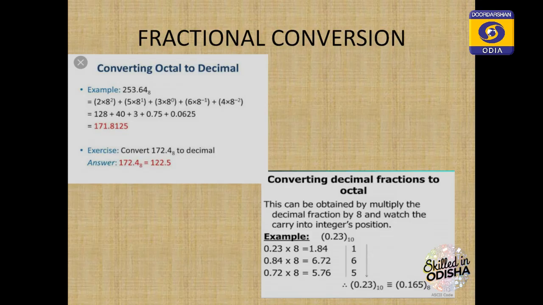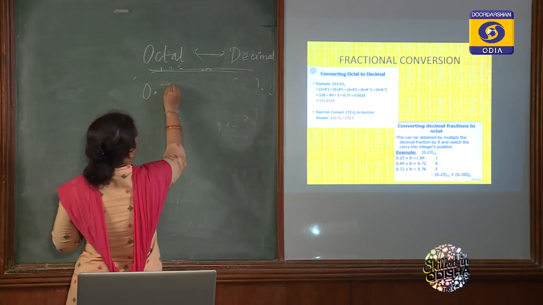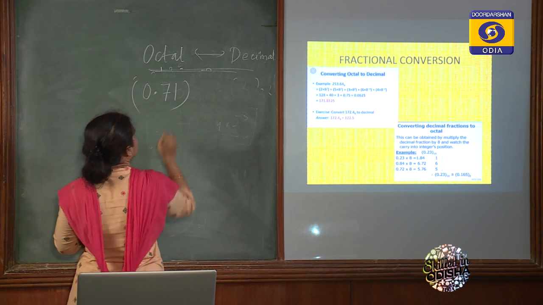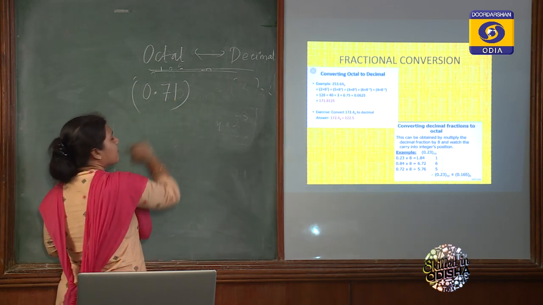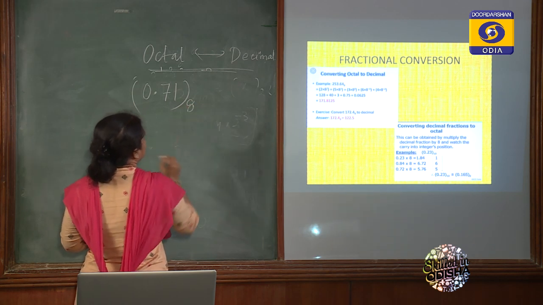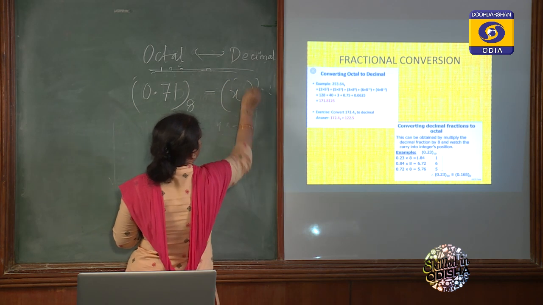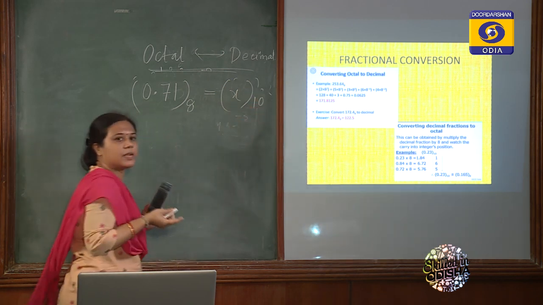As I told you in the last class, the digits in octal are 0 to 7. Let's take 0.71, with digits 7 and 1. This is our octal representation, and I have to find its equivalent decimal representation.